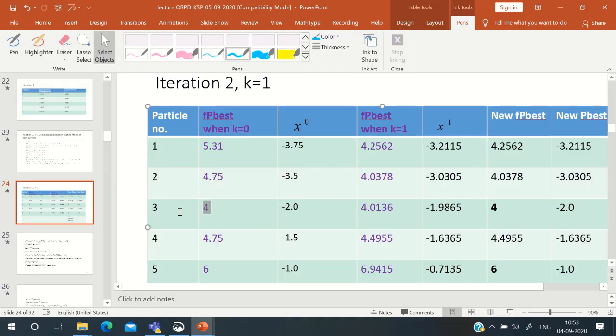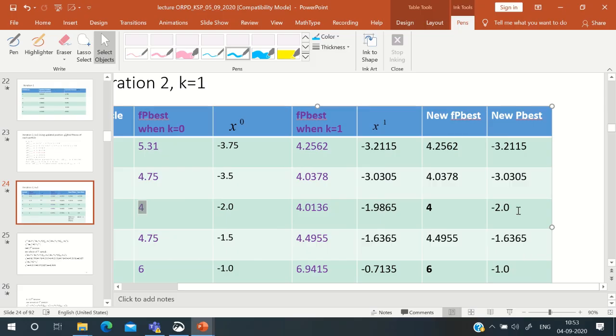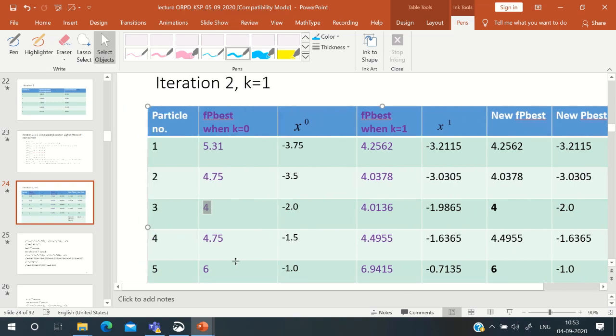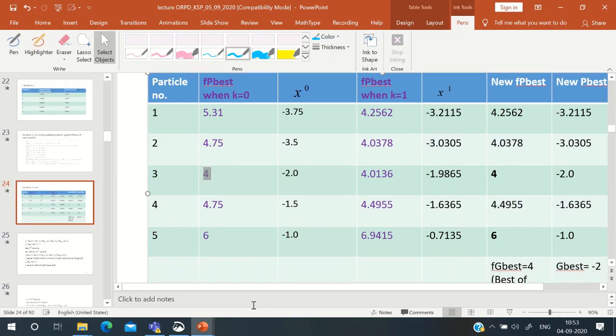For the third particle there is no improvement, so preserve this one. In the next iteration, the function personal best is 4, and corresponding to 4, x is -2. So for the third particle, p best is -2. Similarly, for the fourth, this one is better, and for the fifth, this one is better.